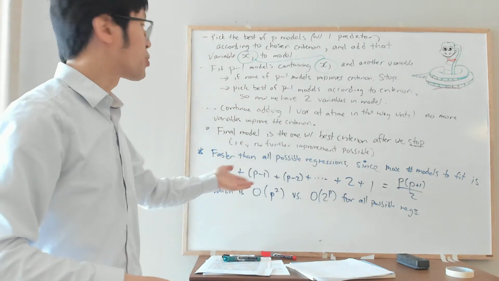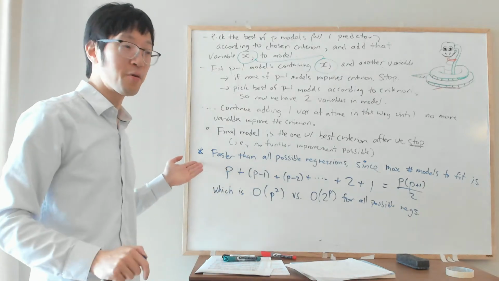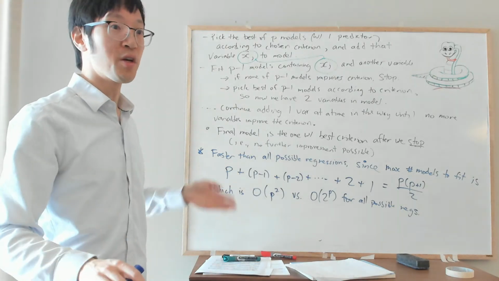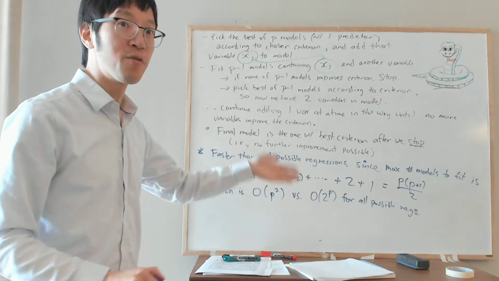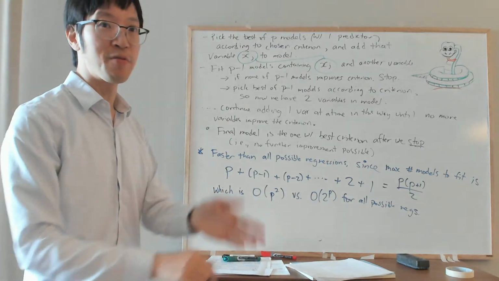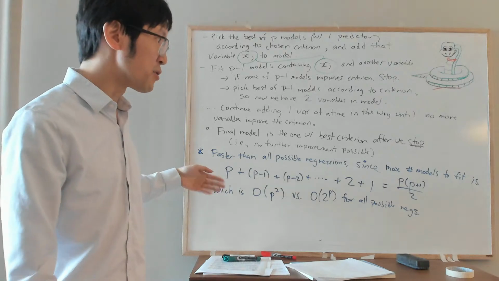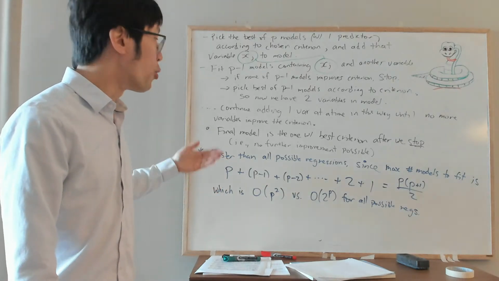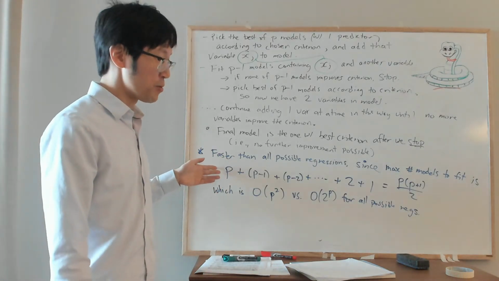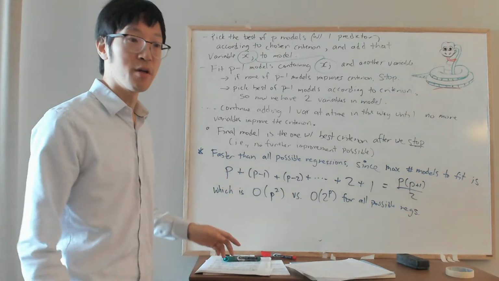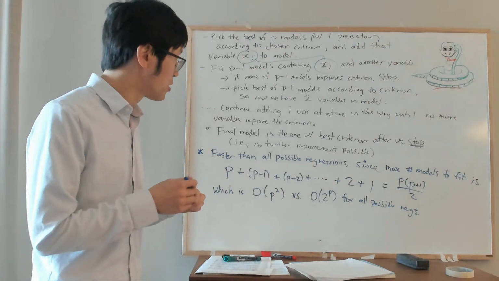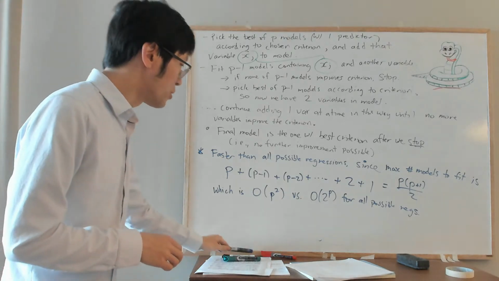So it is much faster, but unfortunately, of course, it may not give us the best solution. You might miss a lot of models along the way that are never fitted, and so we hope that such a procedure, even though it's much faster, will give us a reasonable solution, but there's no guarantee that it will give us the best model, especially when p is large.